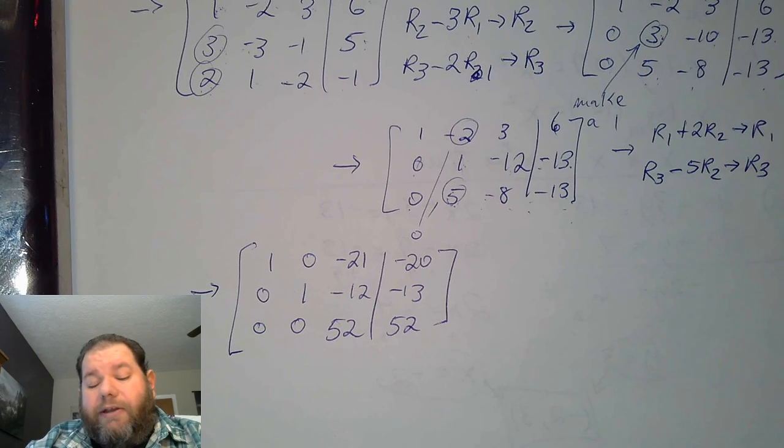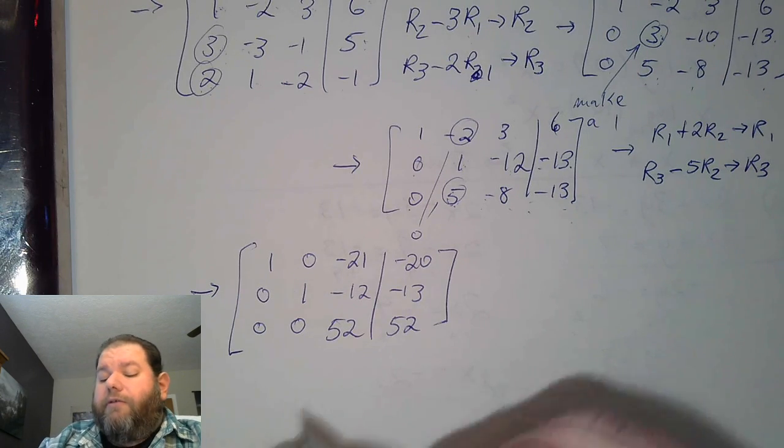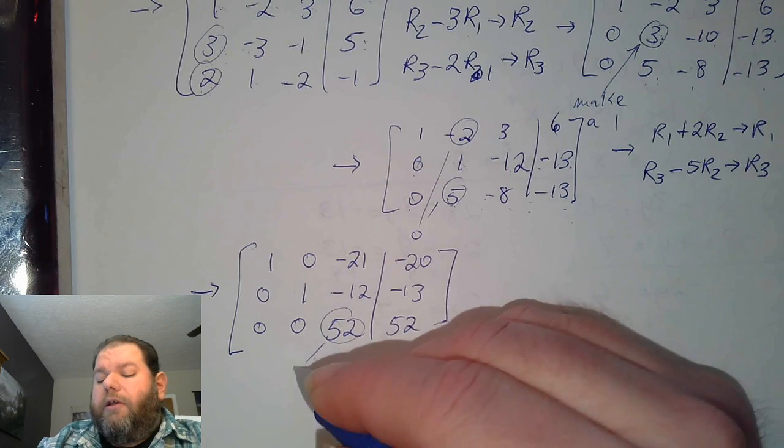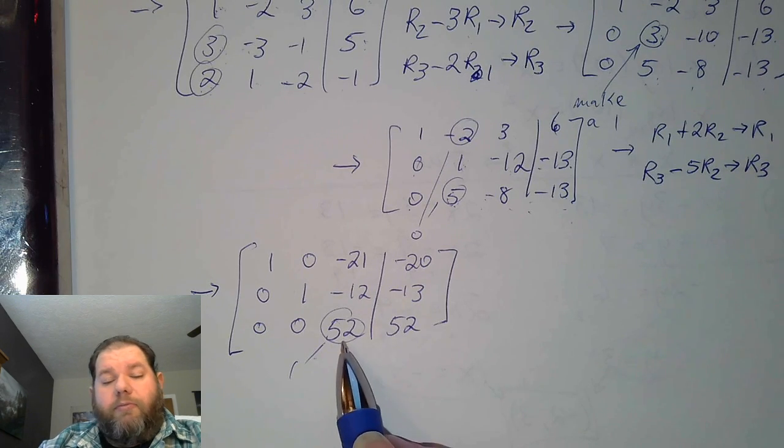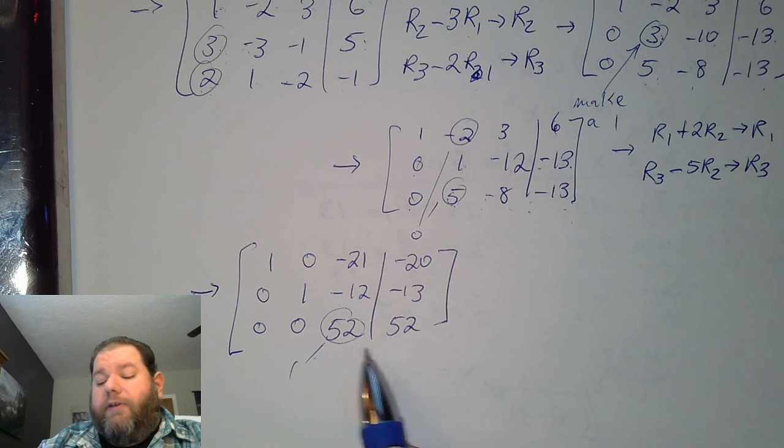Well, that's actually great, because right here, if we want to make this number into a 1 next, the only way that we have to proceed is to divide by whatever this number is. This works out really nice here because this is also the same number.